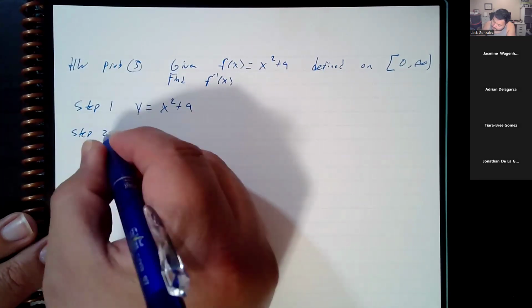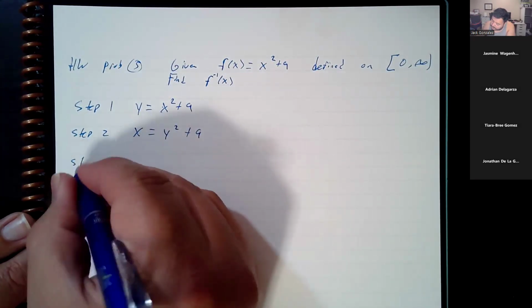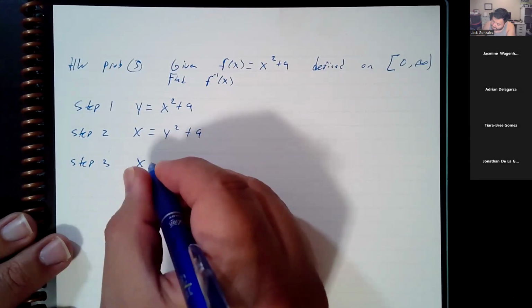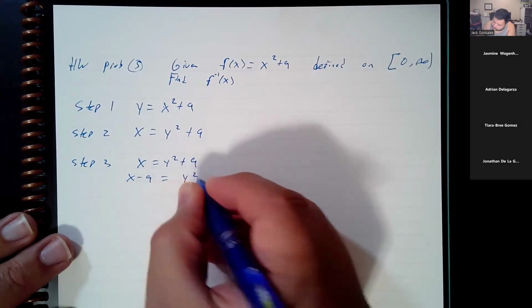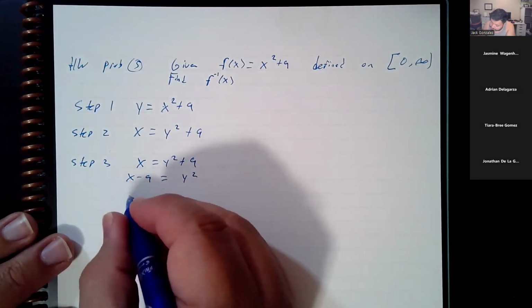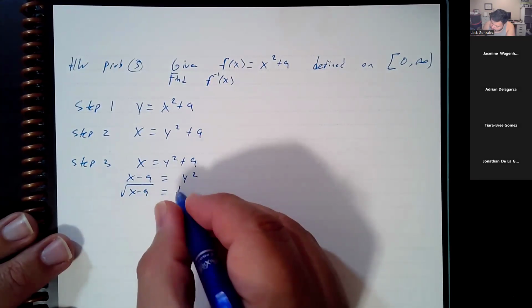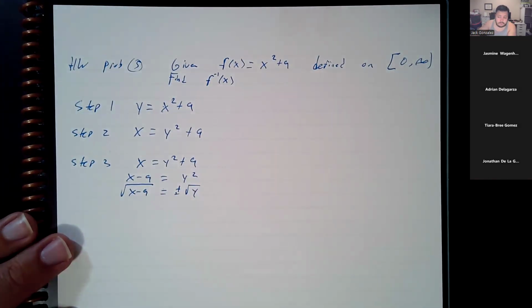Step two, switch the roles of y and x. Step three, solve for y. So subtract the 9 over, and then square root both sides. One sec. Where is it?